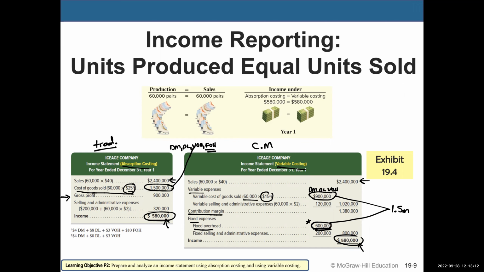Why? Because in year 2, when we have inventory items left over, those leftover inventory items are going to be carrying $10 of fixed overhead per unit, which means that overhead won't get recognized under absorption costing in year 2. Everything will reverse in year 3, but we'll see that in a minute.